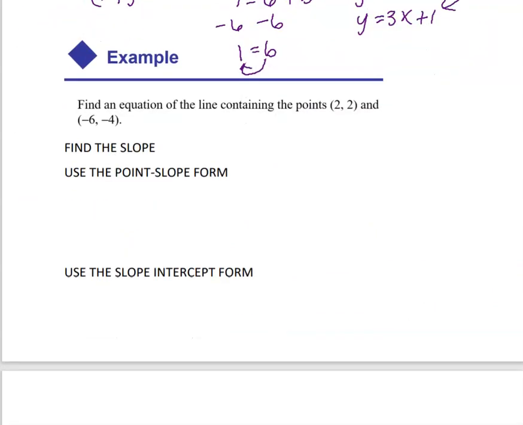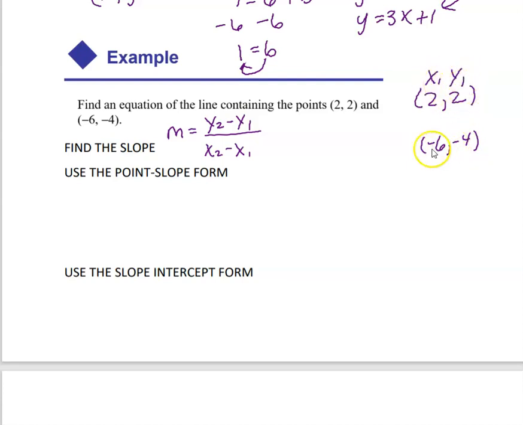Now it says find an equation of the line containing the points (2, 2) and (-6, 4). This time they didn't tell us the slope, so our first step is finding the slope: y2 minus y1 over x2 minus x1. We've got 2 points, and it doesn't matter which one you call x1, y1 and which one you call x2, y2.